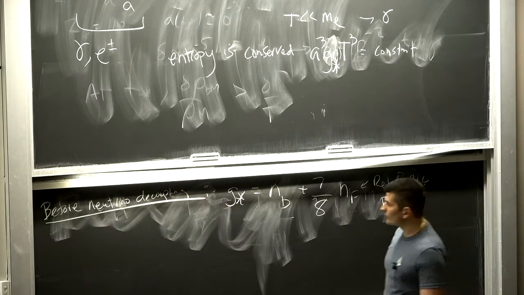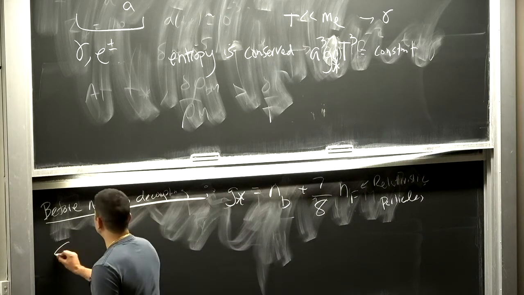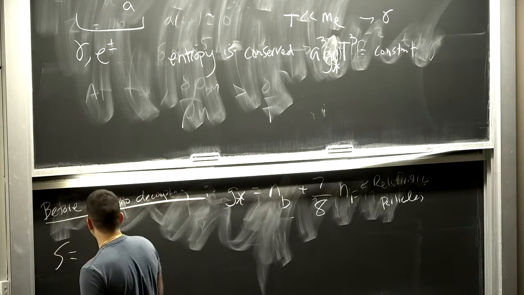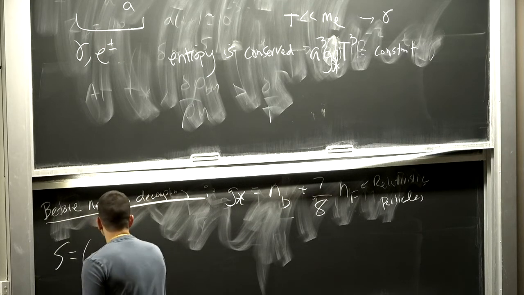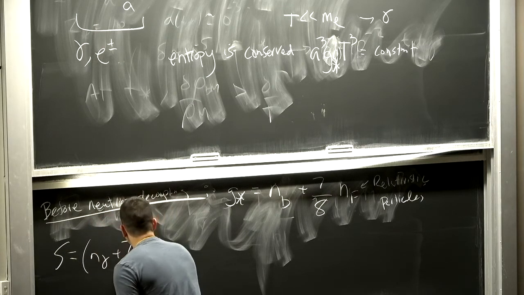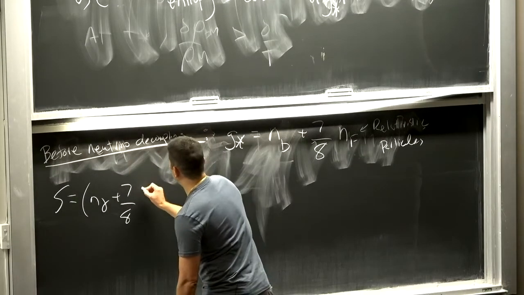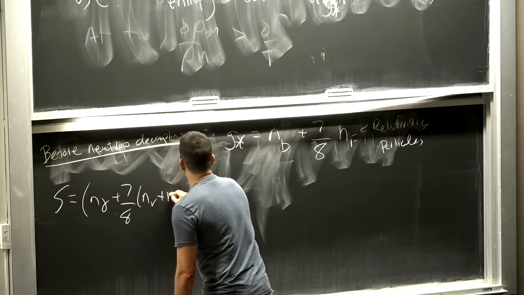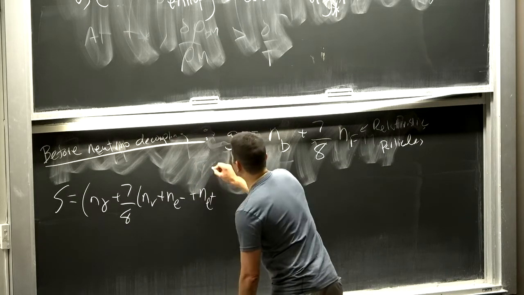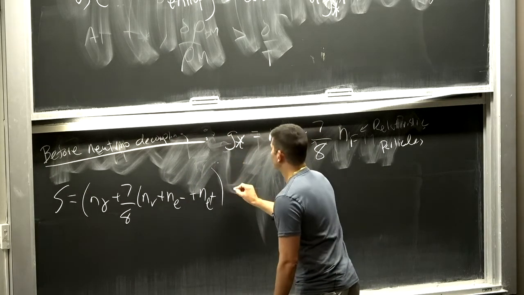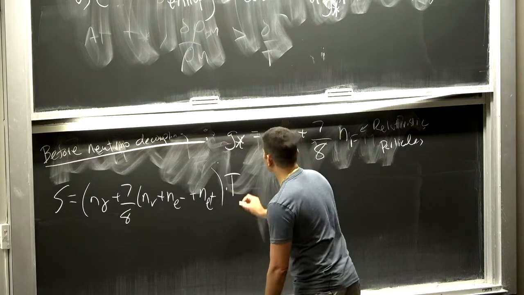Okay, so before neutrino decoupling, the entropy, and I'm going to drop a factor of pi squared over 45, is the number of degrees of freedom in photons plus 7/8 times the number of degrees in neutrinos plus the number of degrees in electrons plus the number of degrees of freedom in positrons, times whatever the collective temperature is.